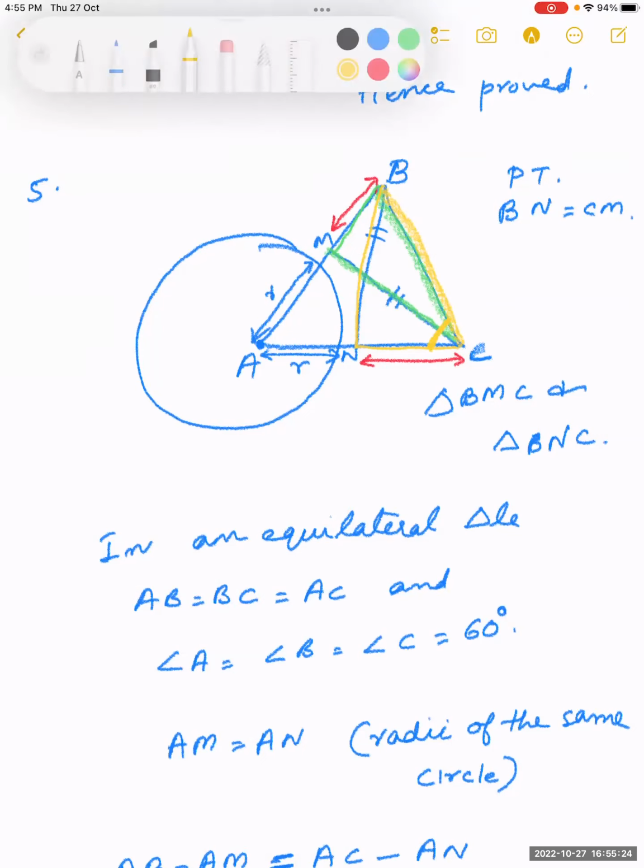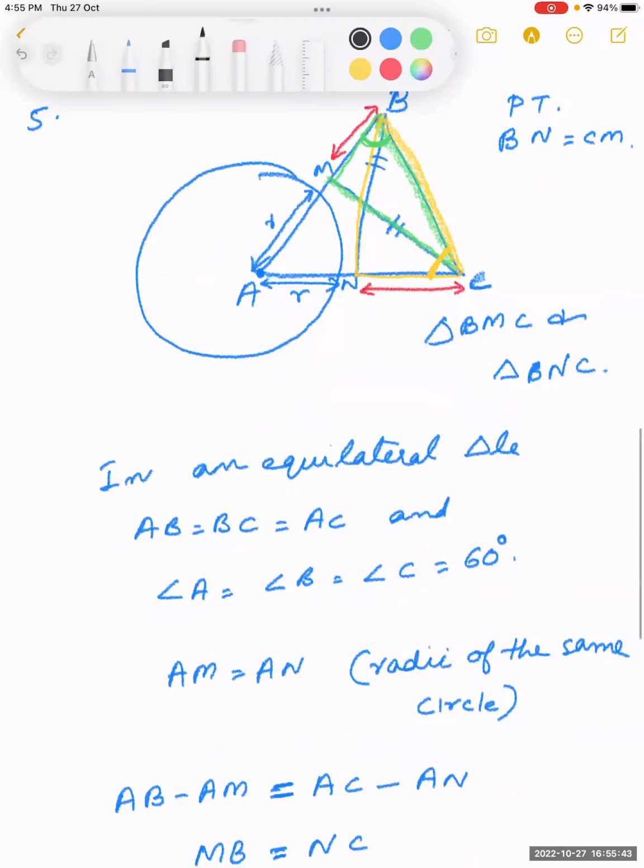Similarly, when I consider the green triangle, I am getting full angle B. Are you all understanding what I'm doing? Yes, ma'am. Both are 60. When I get the full angle, it is 60, that I know, right?